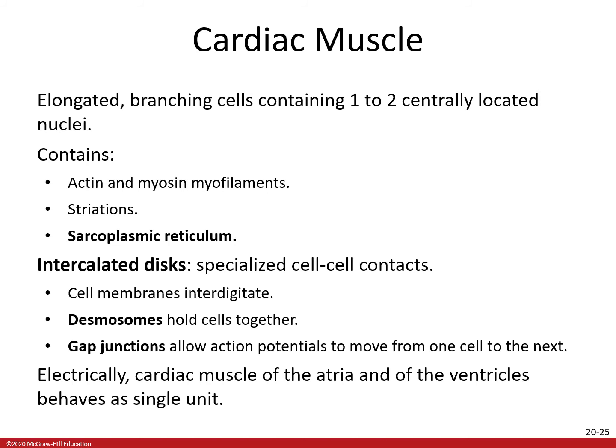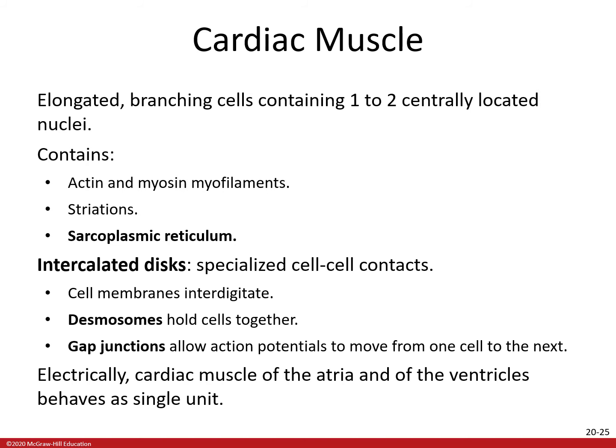Specifically with cardiac muscle tissue, electrically, cardiac muscles of the atria and the ventricles are going to behave as a single unit. So we are going to coordinate the way that the chambers of the heart function together. They do need to function kind of like a well-coordinated ballet, if you will.